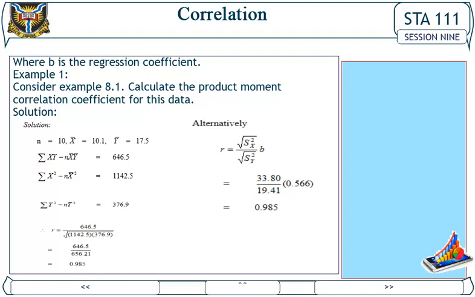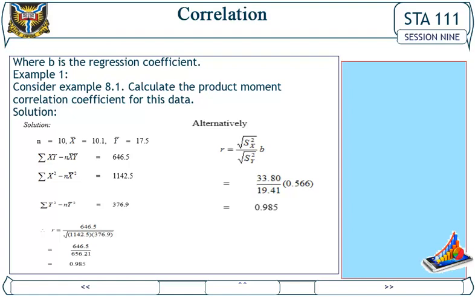Solution: n is equal to 10, x bar is equal to 10.1, y bar is equal to 17.5. Summation xy minus n x bar y bar is equal to 646.5. Summation x squared minus n x bar squared is equal to 1142.5.